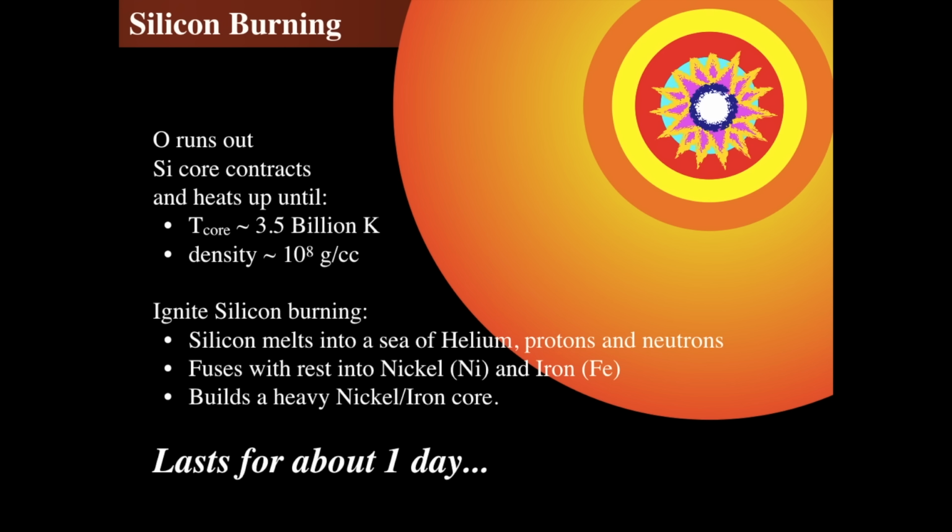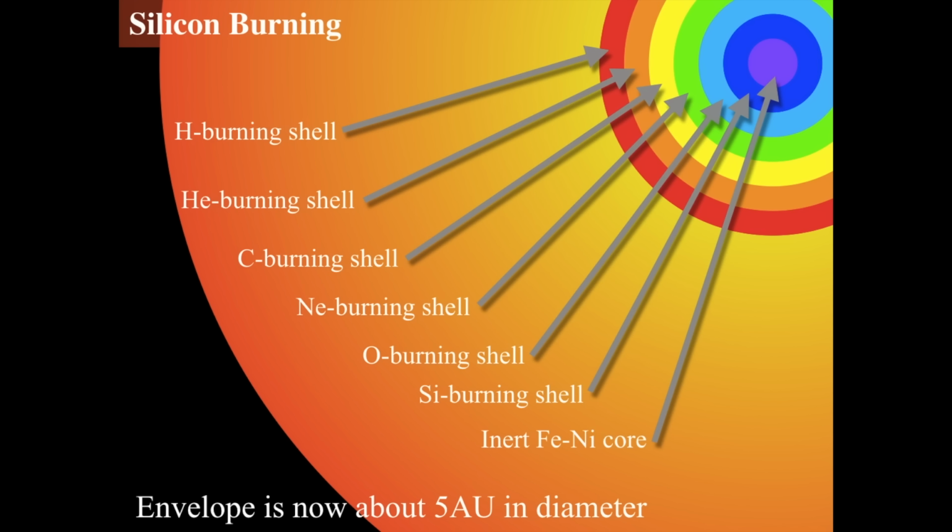And then the rest of the silicon is fusing into nickel and iron that doesn't decay yet. This builds up an enormously heavy nickel and iron core, which will last only for about a day. So the temperature and the luminosity of the star are incredibly large, but yet it only lasts a day. And here's nearly our finishing picture.